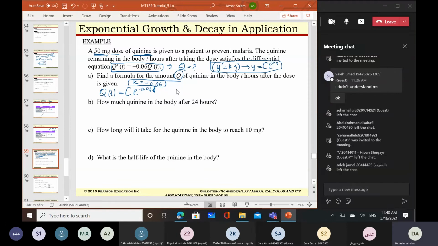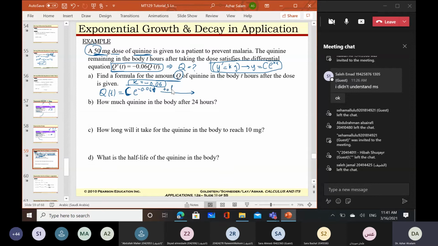Of course, I can here find the value of the constant C, since 50 milligrams of dose is given to the patient from the beginning. It is given in the question that 50 milligrams were given, so the quantity, or the weight, is 50 milligrams.